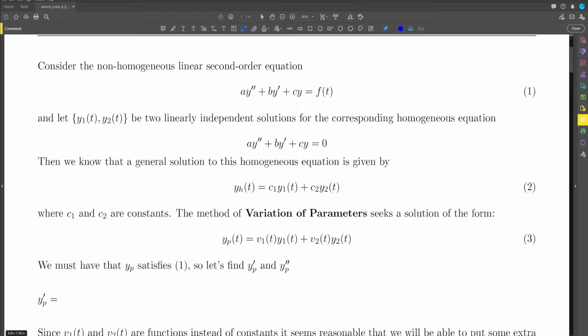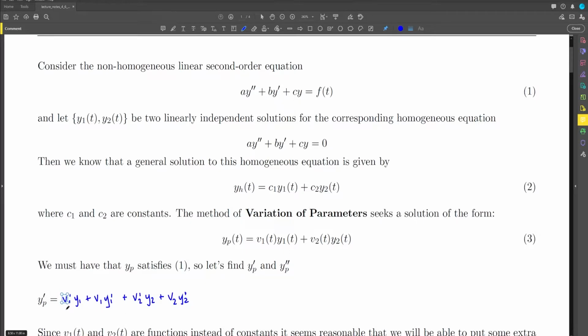So yp prime is v1 prime times y1 plus v1 times y1 prime plus v2 prime times y2 plus v2 times y2 prime. Now, what we want to do here is split this up into two parts.